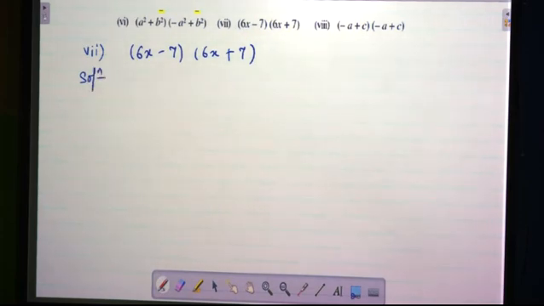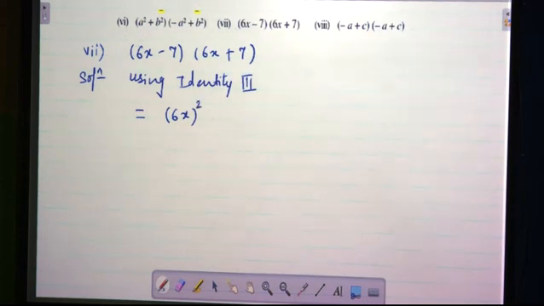So, using identity 3, a minus b into a plus b, this becomes a square minus b square.